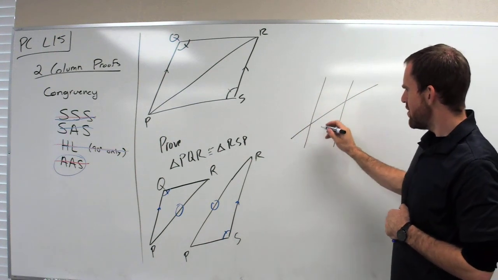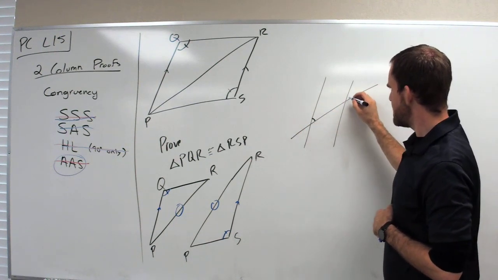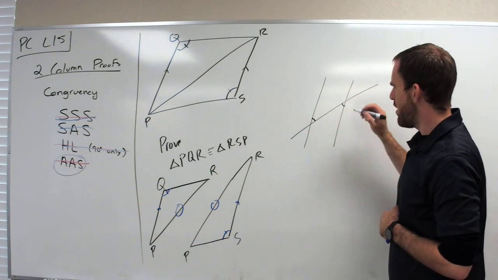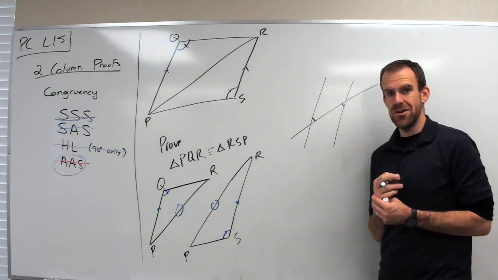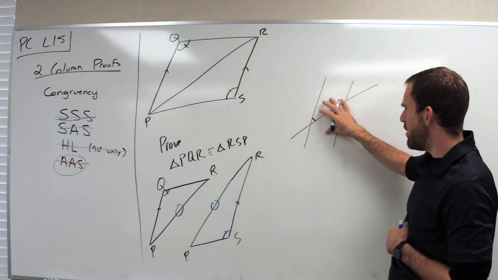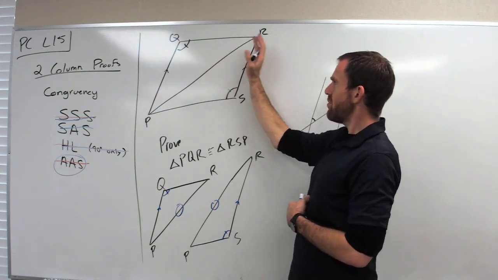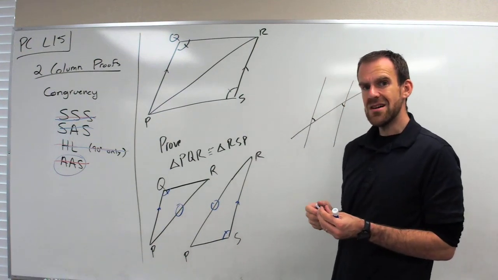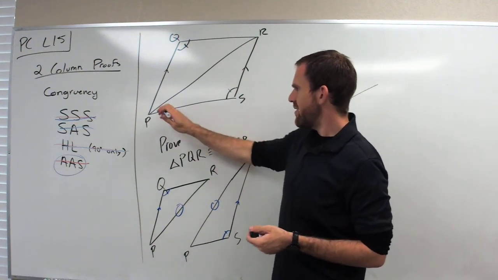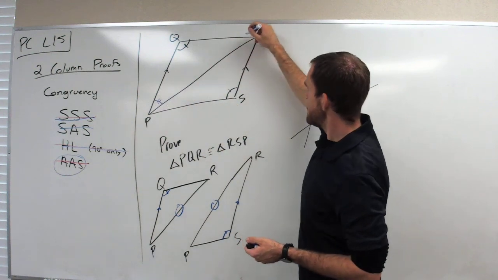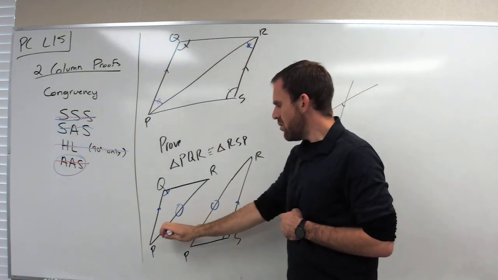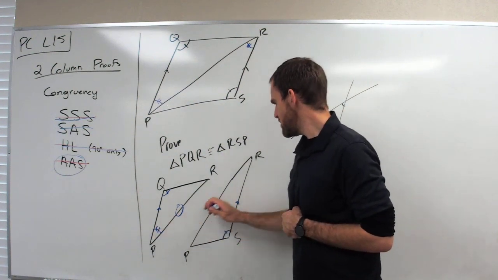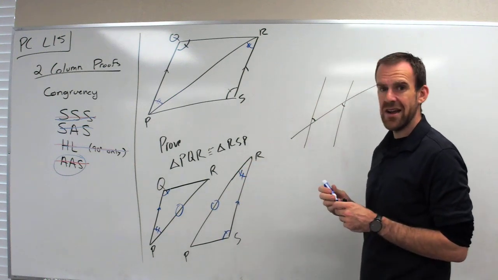What do you know? You know that this angle is the same as this angle, because they're alternate interior angles. So if you apply that to this picture here, where we have two parallel lines and a line going through them, that tells us that this angle down here is the same as this angle up here. Or in my little pictures, that angle is that angle.